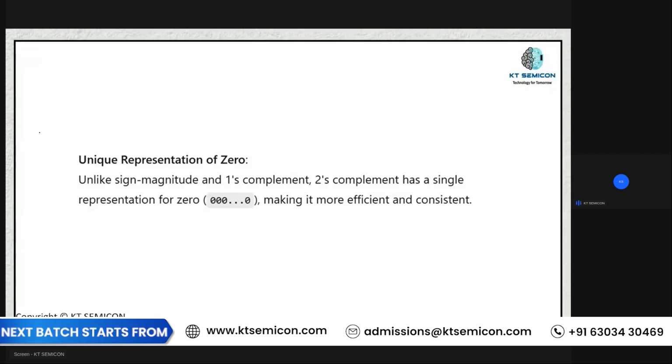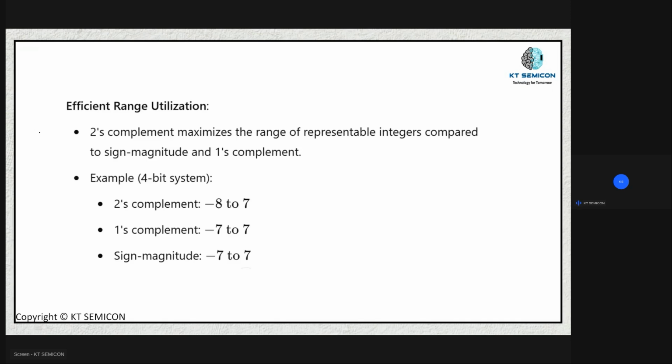The main reason is the unique representation of zero, where sign magnitude and one's complement form have different representations for zero, whereas two's complement only has a single representation, and we have efficient range utilization. These are some of the advantages of using two's complement representation over one's complement and sign magnitude format. So that's all about this particular session.